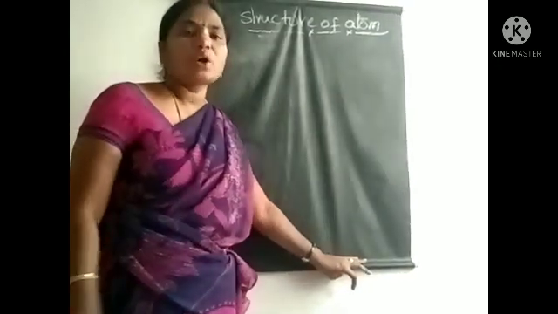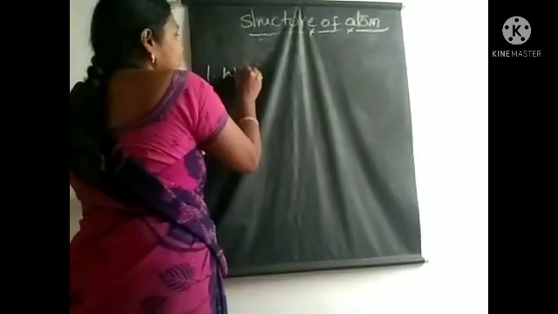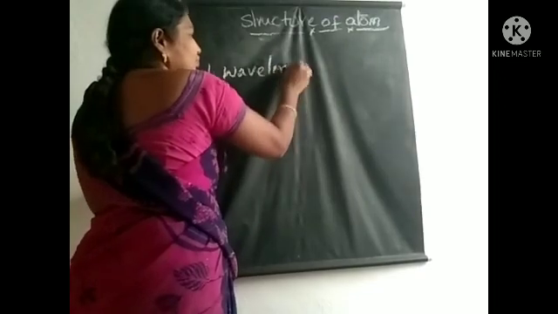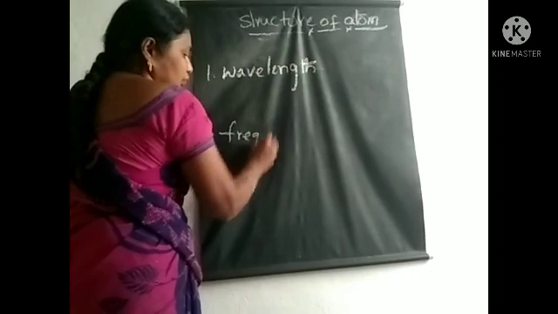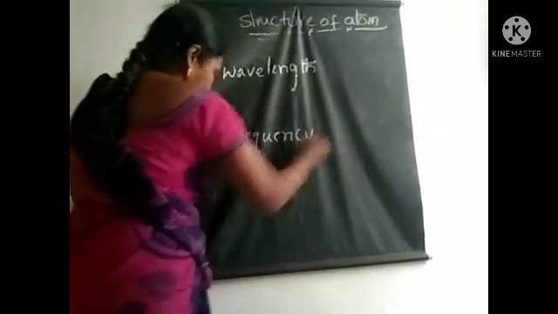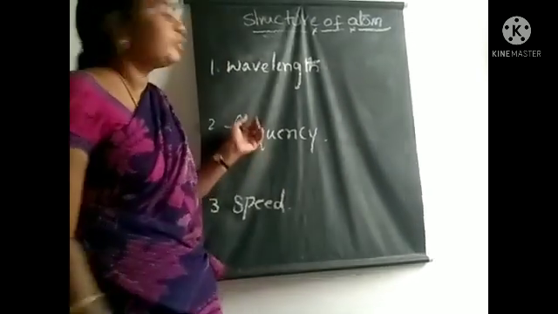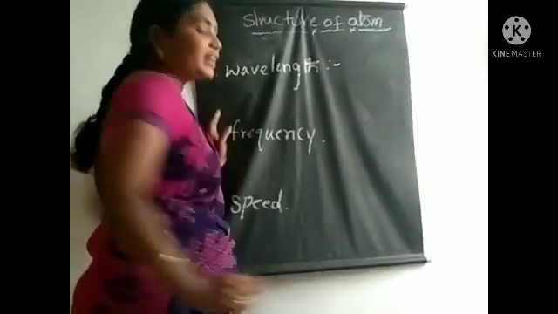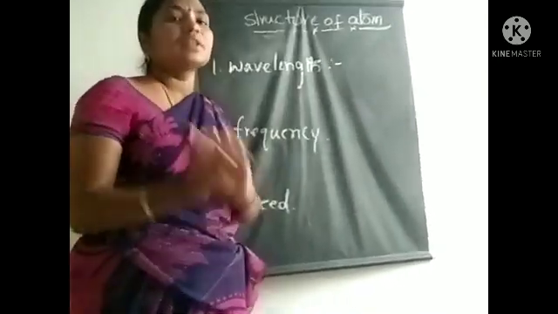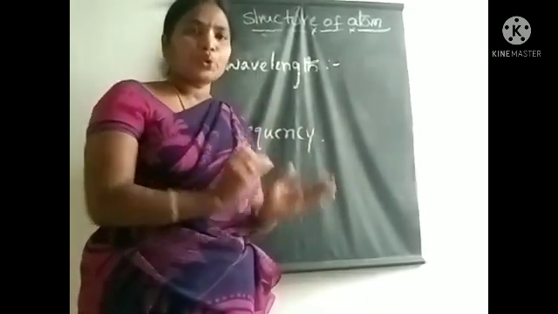Okay, the characteristics of an electromagnetic wave depend upon three factors: wavelength, frequency, and speed. First of all, we learn what is meant by wavelength. Wavelength is the distance between two nearer adjacent crests or troughs.